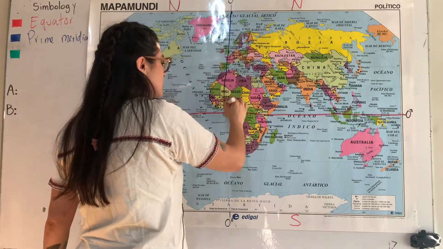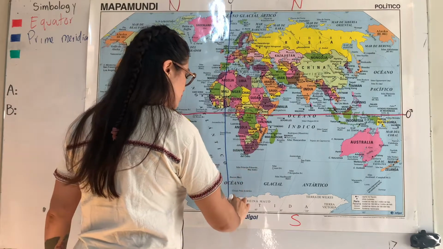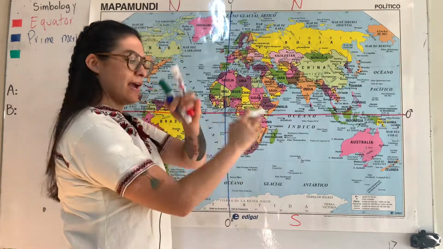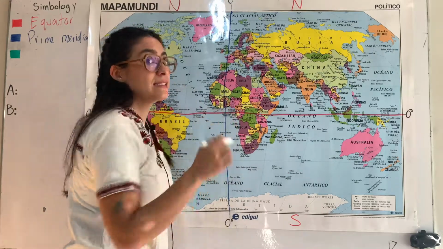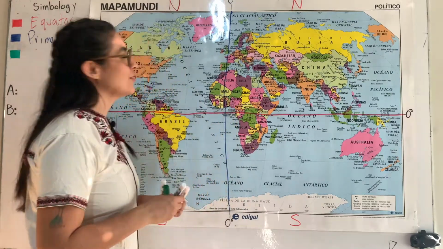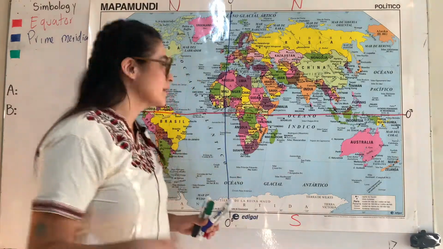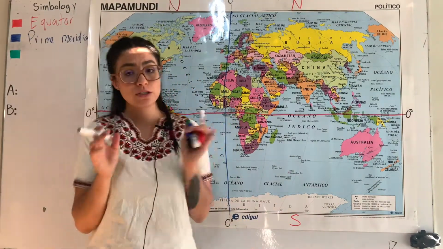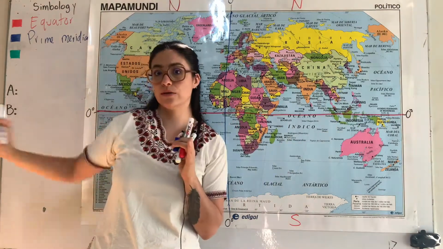0 degrees. So I have four quadrants here. I have an axis to divide. This will be like the 0, 0, right? You know this from physics, from mathematics. So it's going to divide by the prime meridian, east and west.